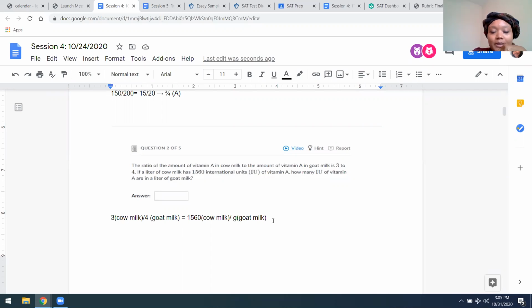So I'm going to rewrite this: 3 over 4 is equal to 1560 over G. Basically what this setup is saying is that no matter how big these numbers are on the right side of this equal sign, they're going to reduce down to 3 over 4.